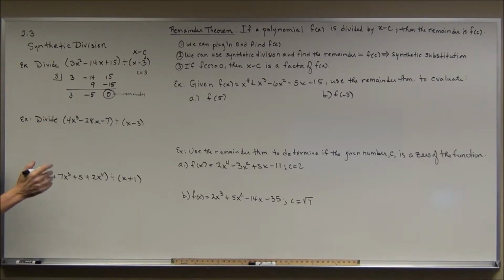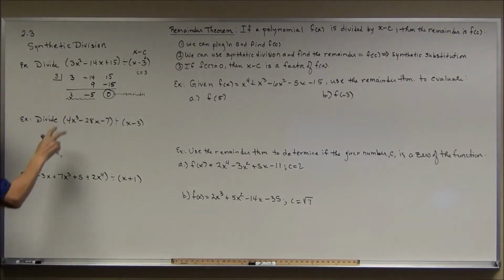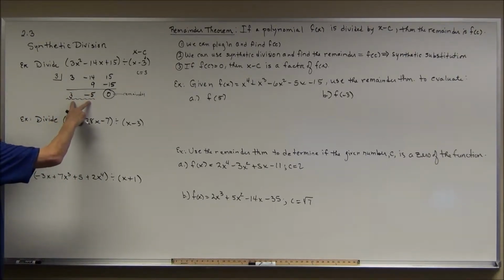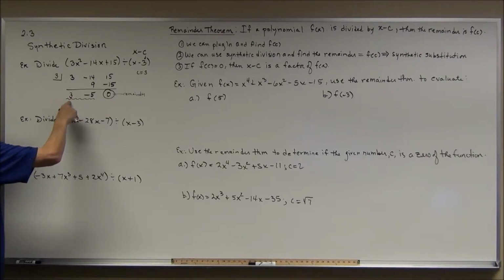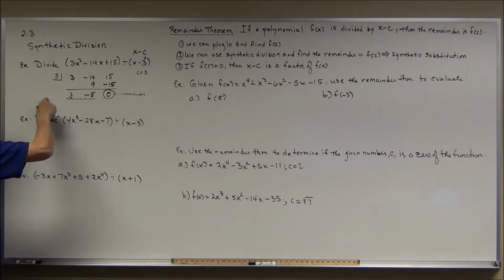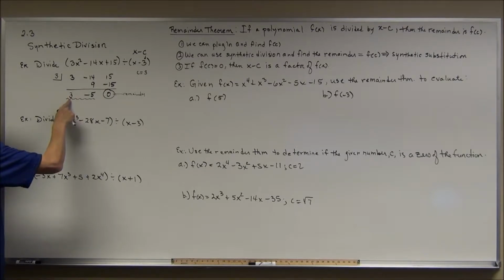But where is my answer? Right here is my answer. These are the coefficients and constant term of my quotient. I work backward. I start with the first one here, ignoring the remainder. I know that that's my constant term. So this is my x to the first term, and if I had more, x to the second, x to the third, x to the fourth, what have you. So this is my constant term, and this is my x term.